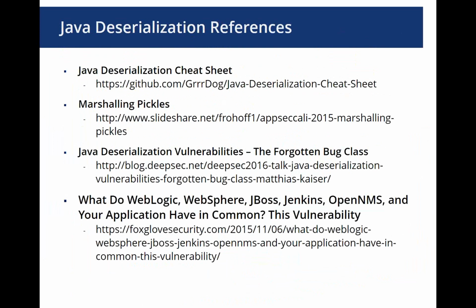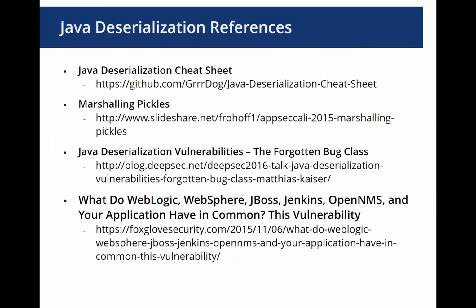I've included a bunch of Java deserialization references here. These are all very technical, so if you want more information about this, I know on the call we've got everywhere from CIOs to internal audit, IT security, DBAs, and other people. But if you want to learn a little bit more about Java deserialization, these are some of the very good references out there that are also mostly focused on Oracle.